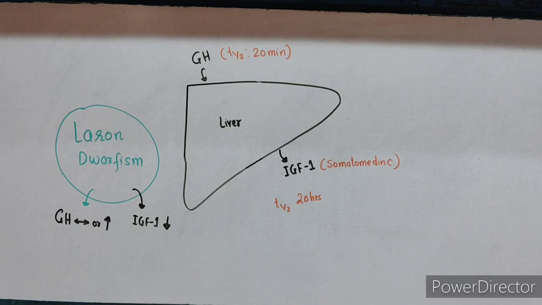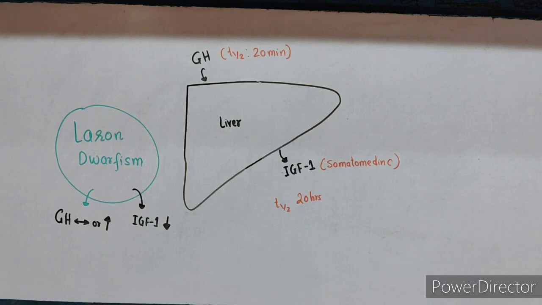Among them, insulin-like growth factor 1, also known as somatomedin C, is major. It is called somatomedin C because it mediates the somatic effects of growth hormone. But most of the insulin-like growth factor 1 is formed from liver.